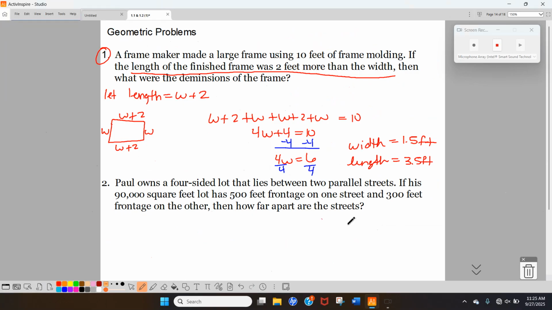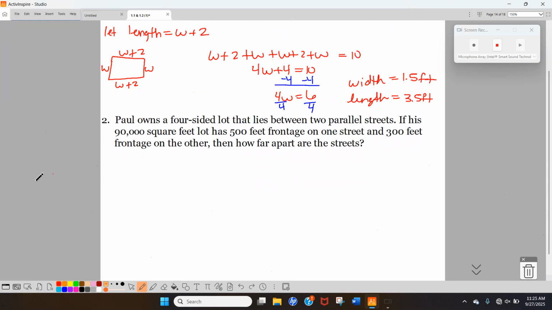All right, number 2. Paul owns a 4-sided lot that lies between 2 parallel streets. If his 90,000 square foot lot has 500 feet frontage on one street and 300 on the other, how far apart are the streets? So I have a street and a street.